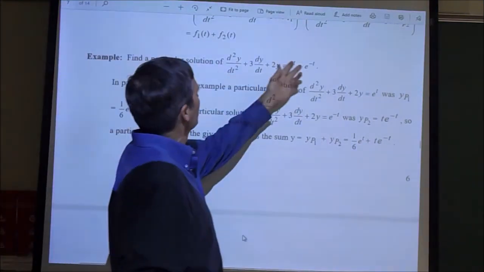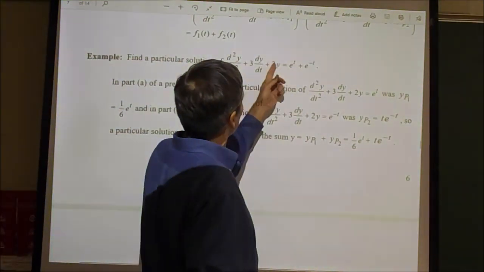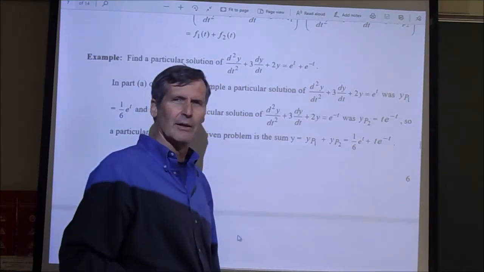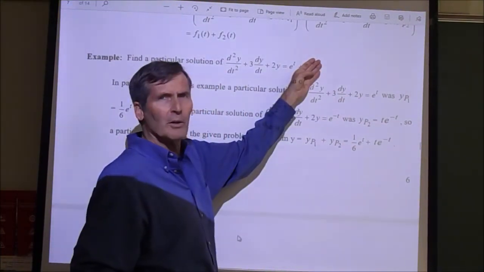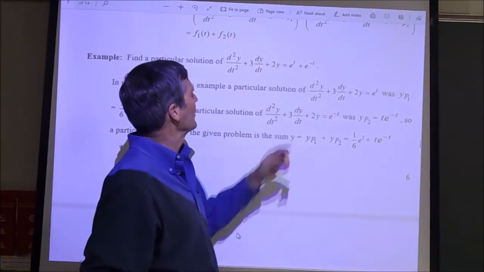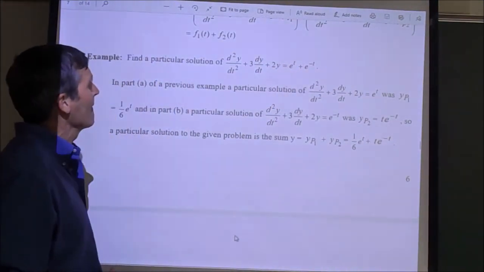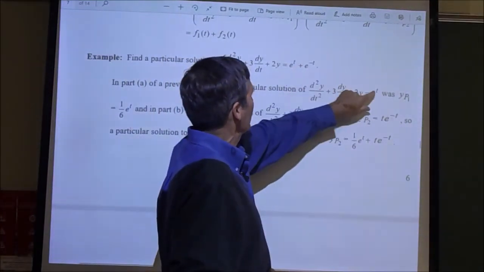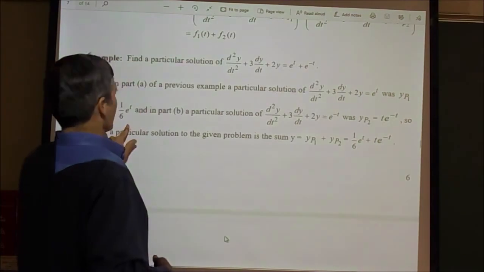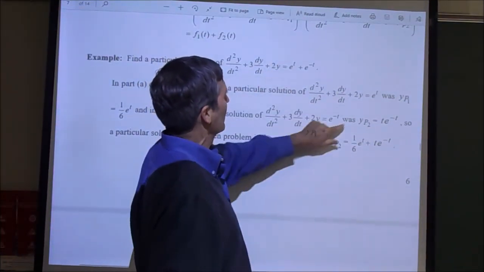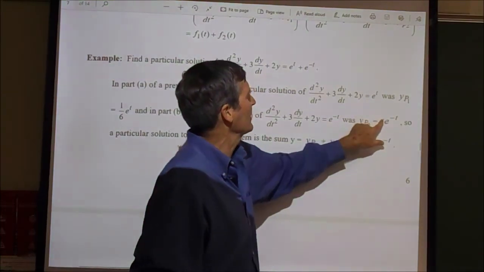But here's a problem. Suppose I have y double prime plus 3y prime plus 2y equals e to the t plus e to the minus t. That looks kind of familiar, doesn't it? We solved this one before, and we solved this one before. What if it's the sum of these two? Well, we remember that the solution with just e to the t on the right was 1/6 e to the t, and the solution with just e to the minus t on the right was t e to the minus t.